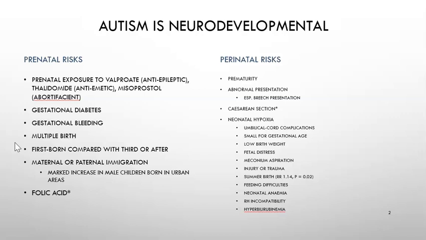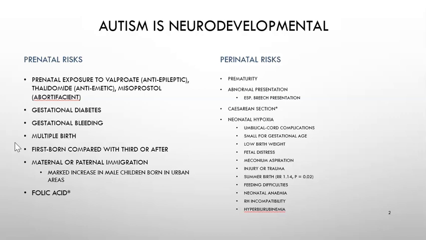Born first compared with third or after, being the firstborn increases the risk of autism, and even though there is an increased risk of children being born after a sibling with autism also having autism, those being born third, fourth, etc., are less likely to have autism as the first or second born.